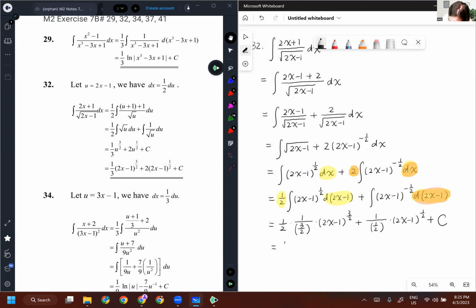So the answer is 1 over 3 times (2x minus 1) to the power 3 over 2, plus 2 times (2x minus 1) to the power 1 over 2, plus c. And then it's done.